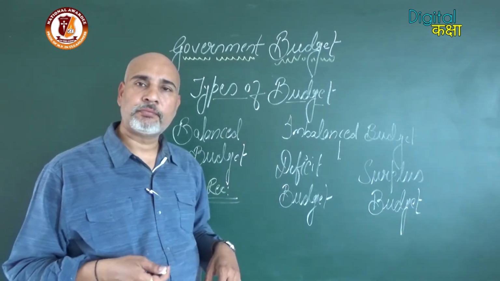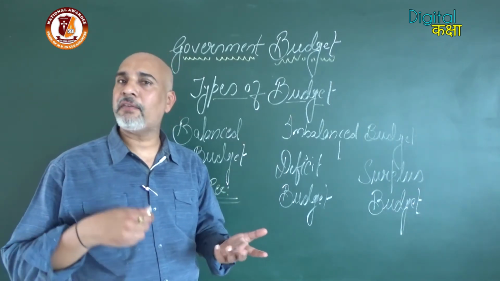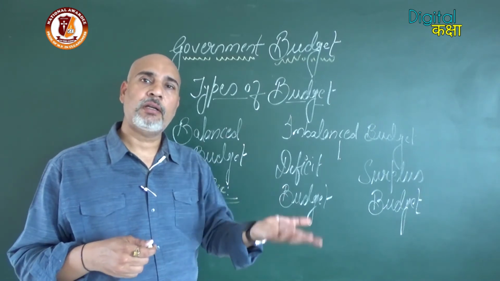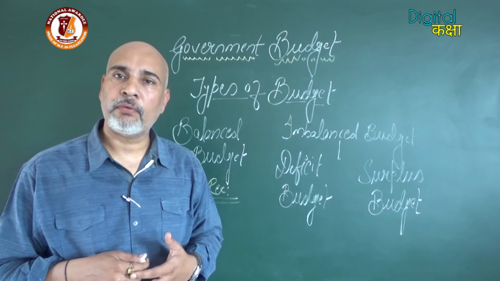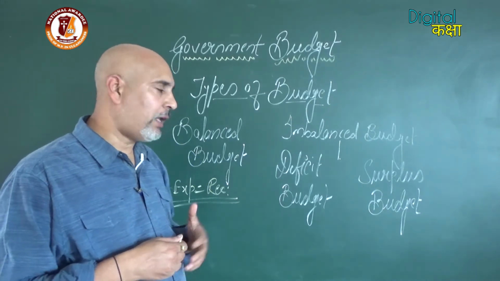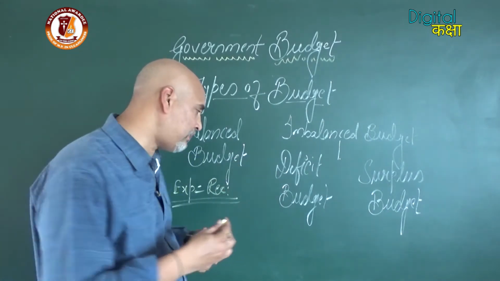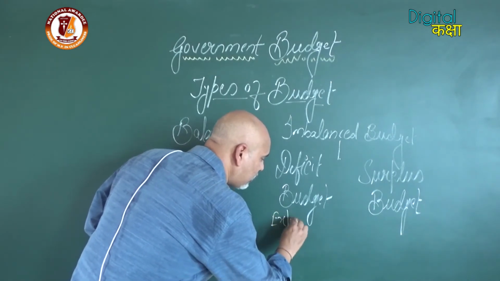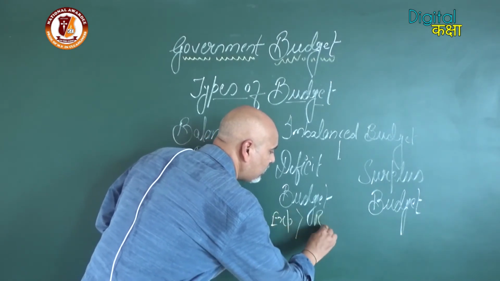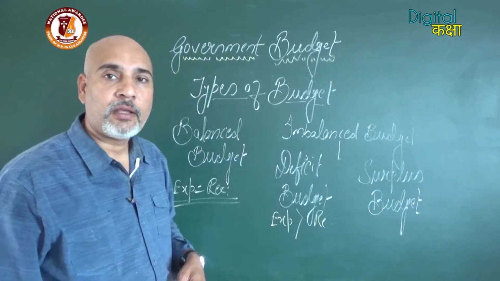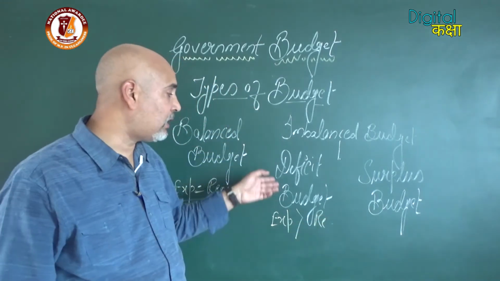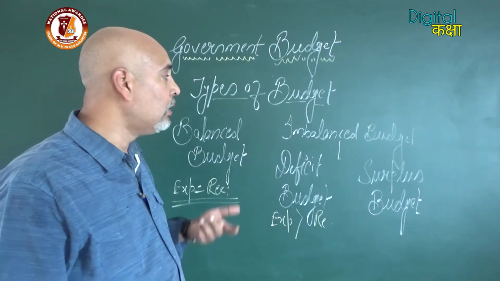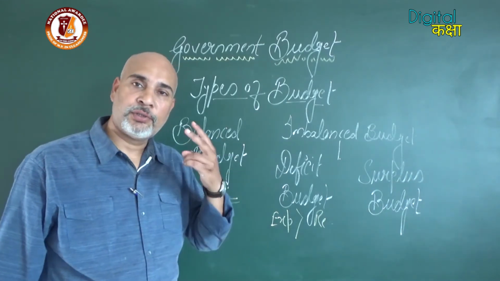Imbalanced budget means either our expenditure is more compared to our receipts, or our receipts are more compared to our expenditure. Deficit means loss, that means expenditure is more than receipts. We are having more expenditure, which comes under deficit. Suppose we generate 100 rupees as revenue, but our expenditure is 200.